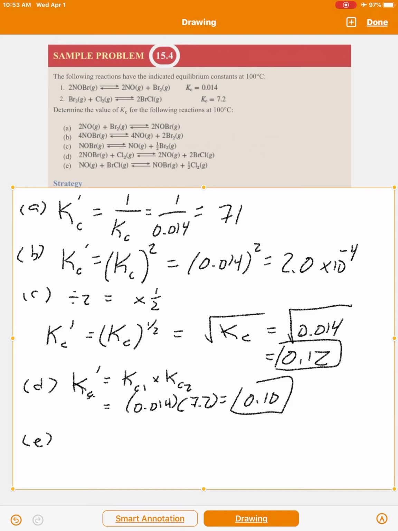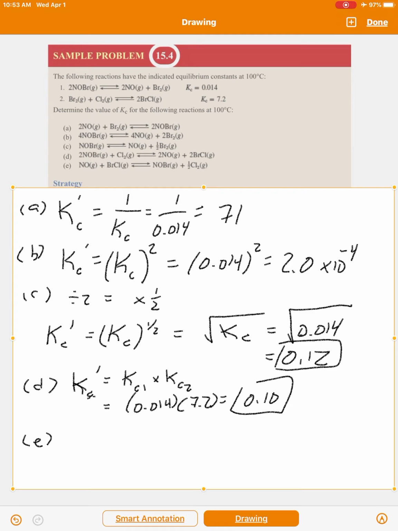So it looks like equation 1 was reversed and divided by 2. Now, there is also BrCl in there. And that one, the BrCl, is a reactant, not a product. So it looks like it got reversed. And it looks like there's only one, so it was also divided by 2.